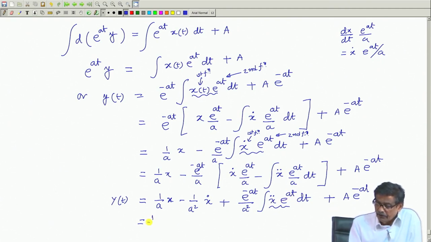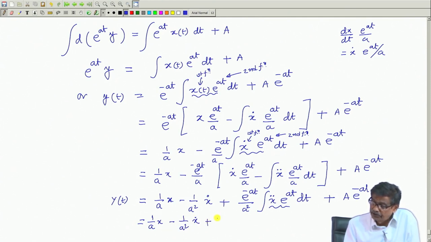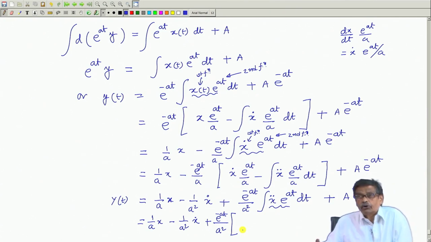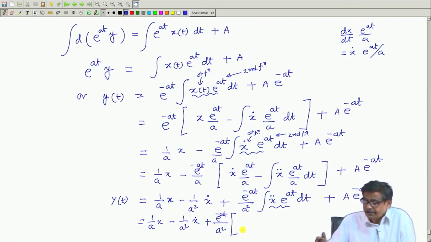So, it will be 1 by a x minus 1 by a square x dot, then plus e to the power minus a t. Let me do one step, please bear with me. I am doing some mundane thing, but it is very useful when I finally draw the conclusion. You see how nice it is.